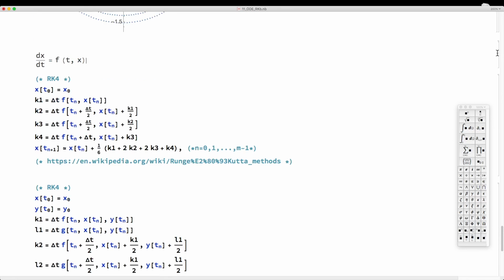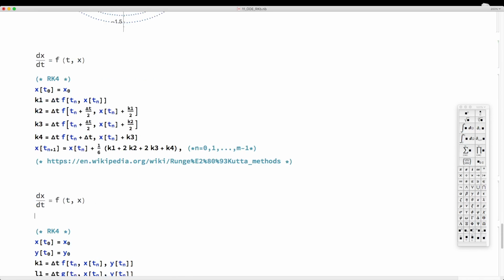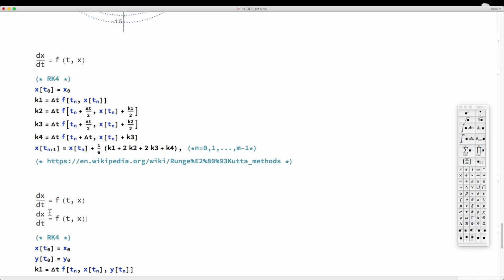Let's suppose that instead of this system, I have a system of two differential equations, and we have an equation dx/dt equals f, and an equation dy/dt equals g. But these functions are functions of t, x, and y. And again, g is a function of t, x, and y.